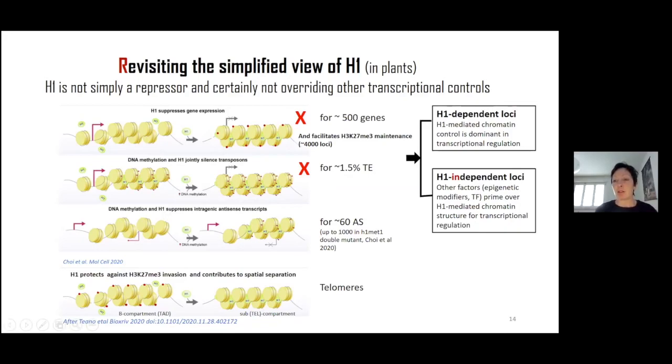And then besides, you have a lot of H1 independent loci, which means other factors, let them be epigenetic modifiers or transcription factors, will prime over H1 mediated structure for transcriptional regulation. And I think this should really be considered in the textbook.